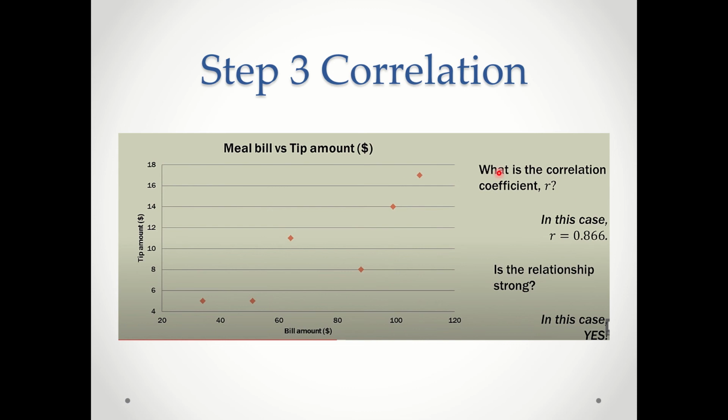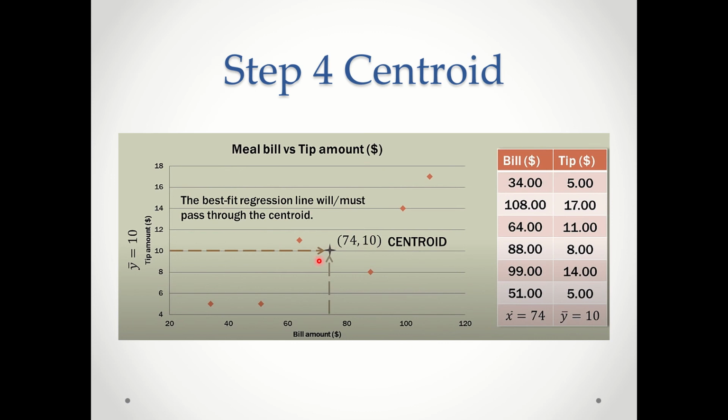When we find the regression coefficient, we get r equal to 0.866. Is that relationship strong? Yes, that is strong. Once it is strong, we will find the centroid value. The best fitting line should always fall through the centroid.